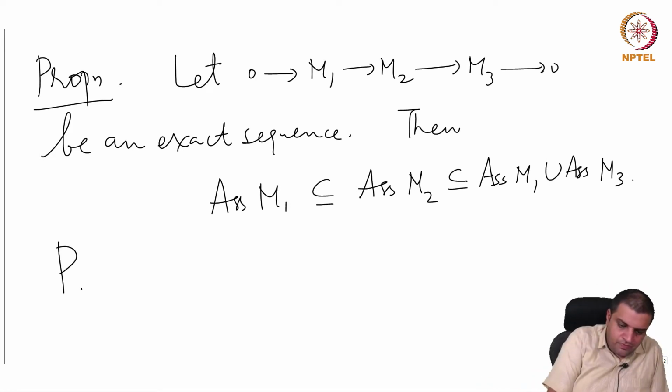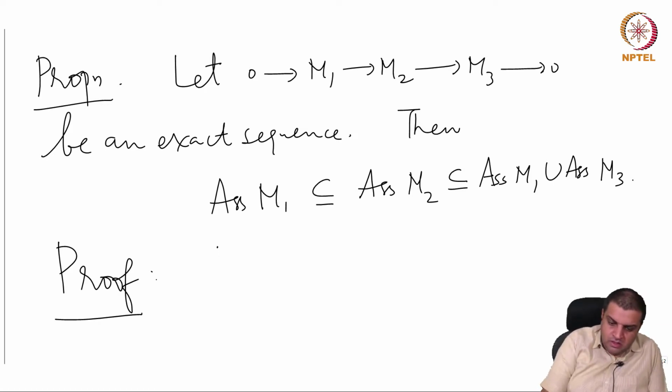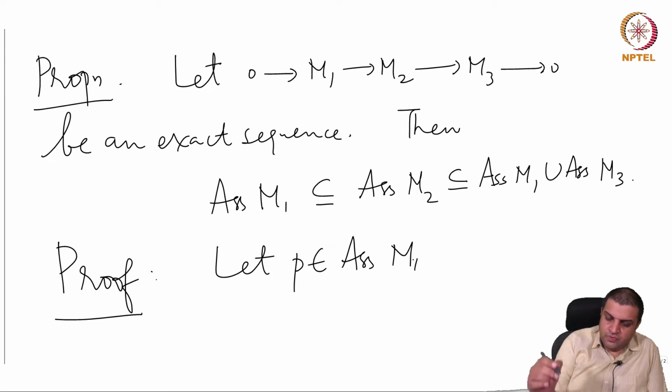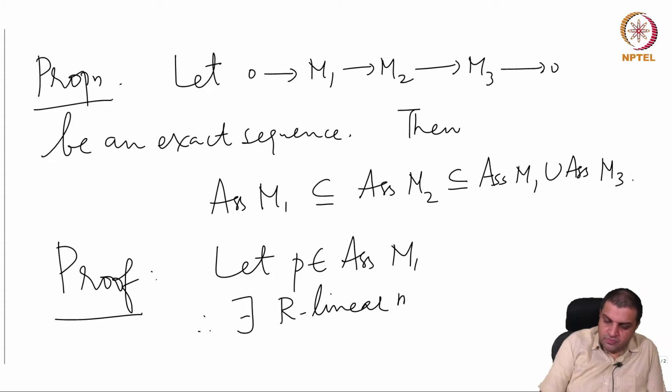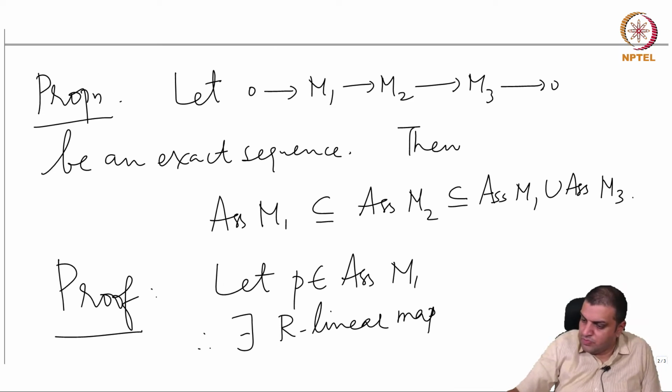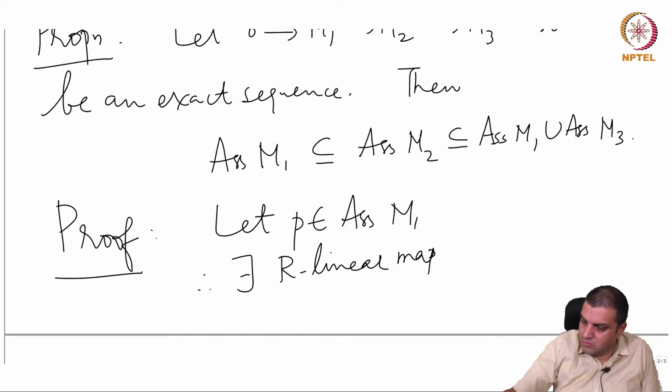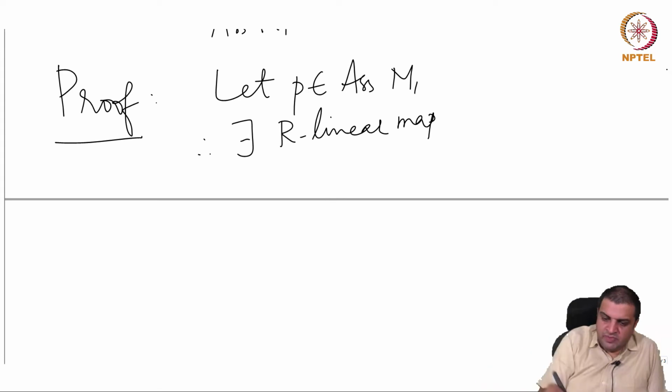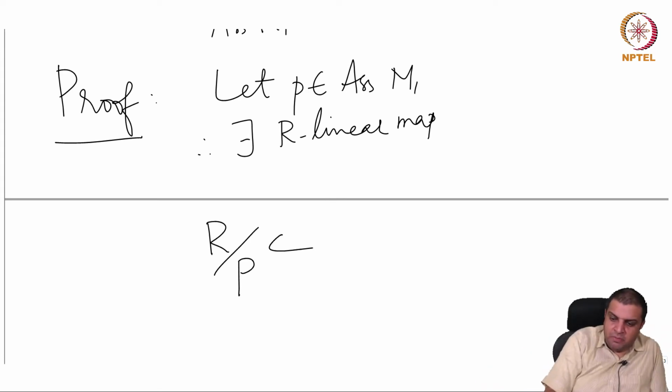Proof. Okay. Let P be associated to M1. Then there exists an R-linear injective map from R mod P to M1.